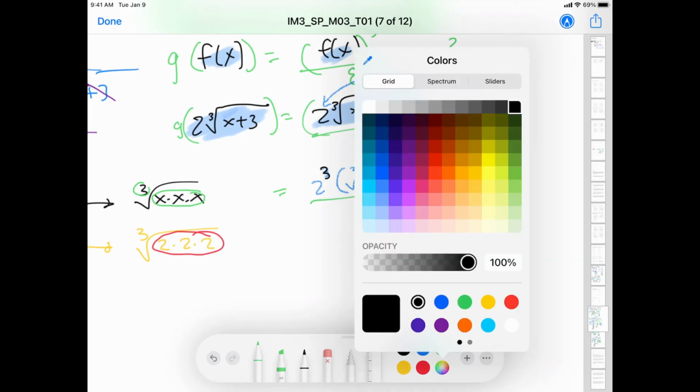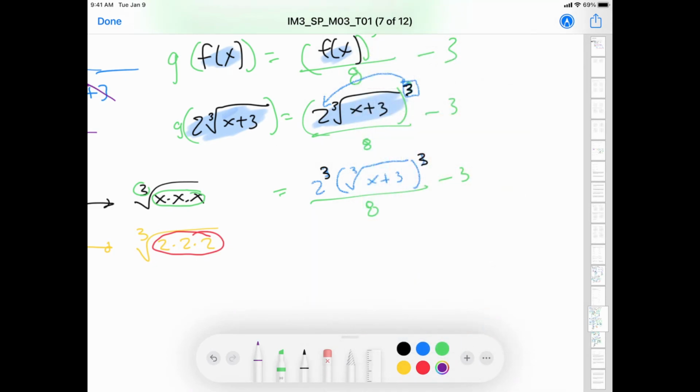All right, let's keep simplifying this. So 2 to the third power here is 8 over 8. The 3 and the cube root is gone, so you're only left with just x plus 3. And to be careful, you have to put that in parentheses. Minus 3. Almost done.